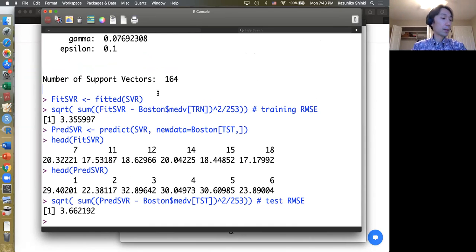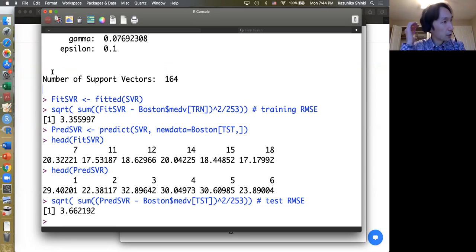Yeah, and maybe to evaluate this more accurately, we have to do cross-validation. So this is just one training and test data set, the classic validation approach. In this way, the support vector regression also works. So if you are doing a regression problem in your final project, then you can certainly compare that with the support vector regression.